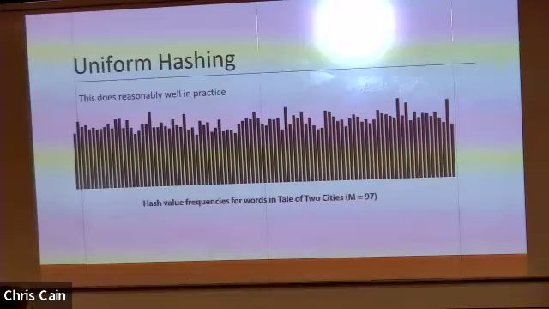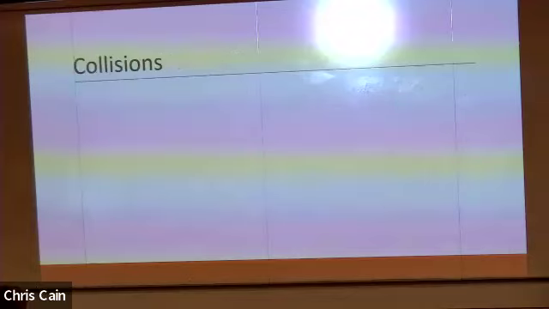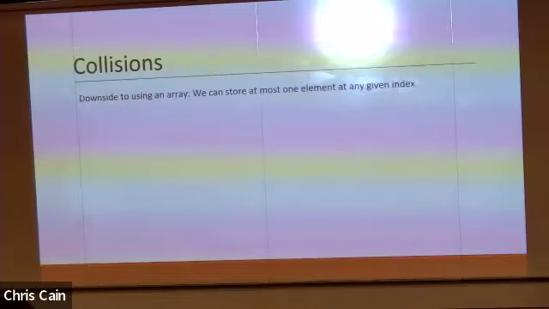All right, now we've got to talk about the elephant in the room. What happens when 2 elements map to the same location? The downside to using an array that's not just every possible integer in size is we actually have collisions. If you use a table size of 97, as soon as you insert 98 things into that, you're guaranteed to have at least 1 collision.